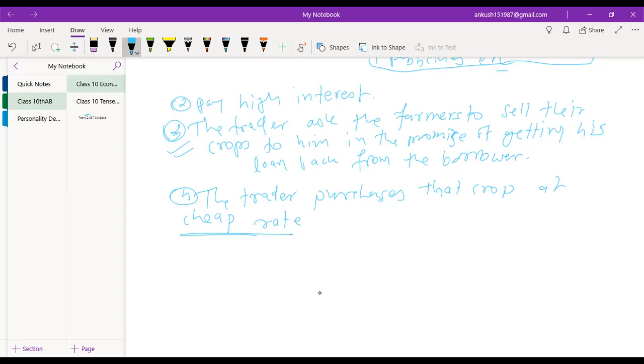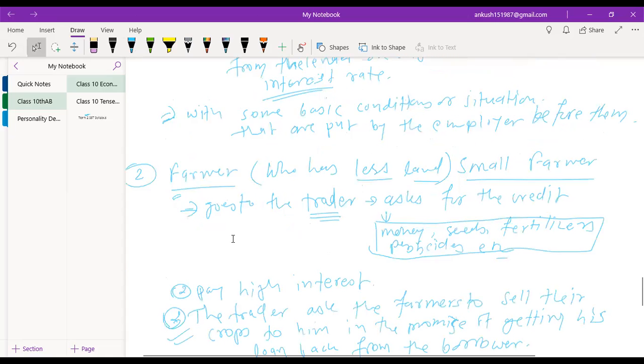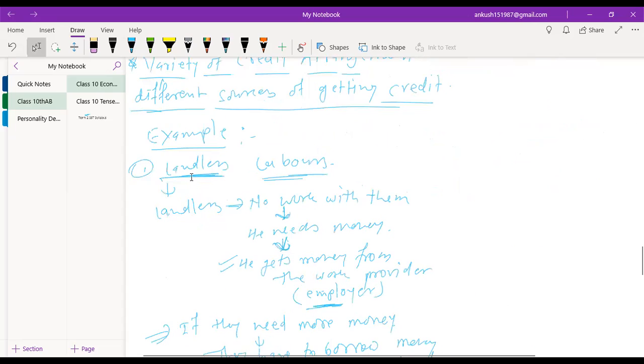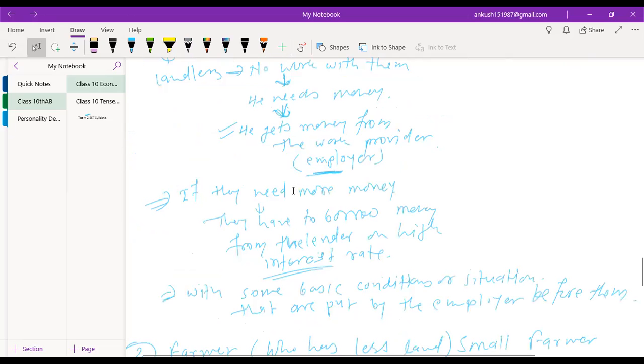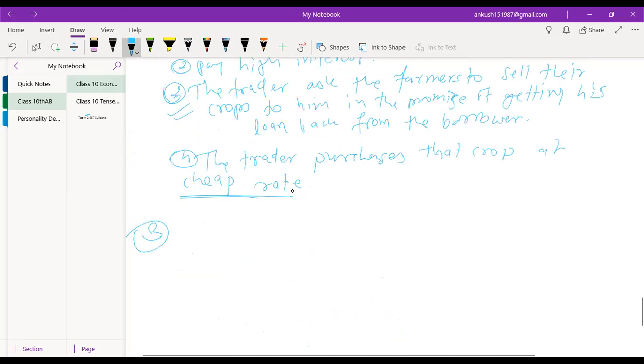Yes, sir. Second thing, or third thing, the agreements which can be made between the landless laborer and others, we are saying this is the variety of credit arrangements. Okay, be attentive to this, that we have started this point. Under this, what kind of situations could be there in the village, that we are studying here. Third thing: Shamlal, Arun and Rama.